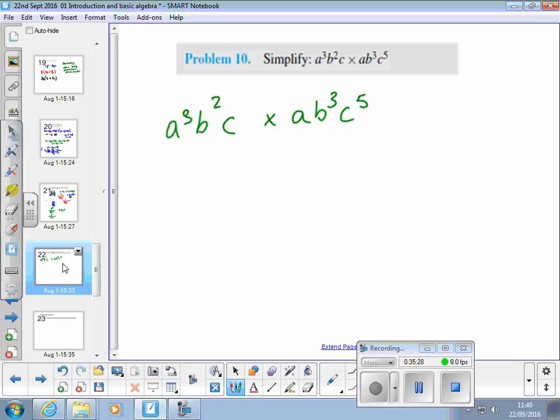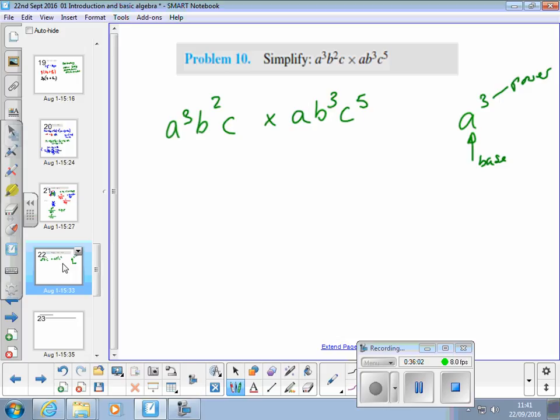Everyone remember what we can do with these? Where you've got powers with the same base, so we're looking here at a cubed, that's the base, and that's the power. So we've got an a cubed there, and we're going to multiply it by a. How could we write that as a to the power of 1? Because anything to the power of 1 is itself.